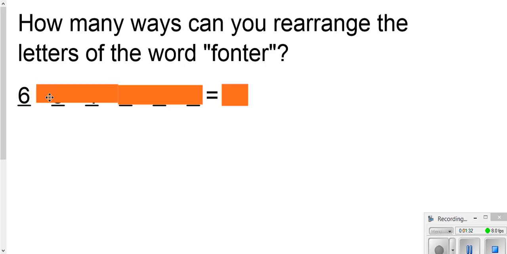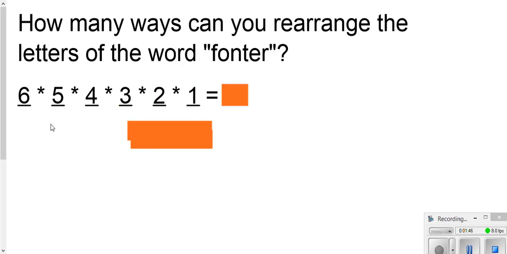One letter is being used there, which means we have 5 choices left over for the second letter. And then we have used 2 of the 6 letters here, so we only have 4 for the next one. And then we continue this pattern, down to 1 letter for the last slot, which ends up being 6 factorial.